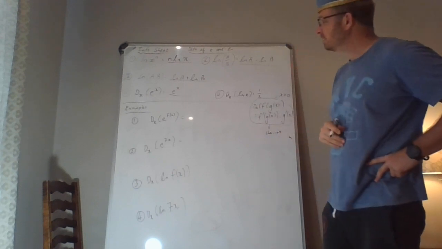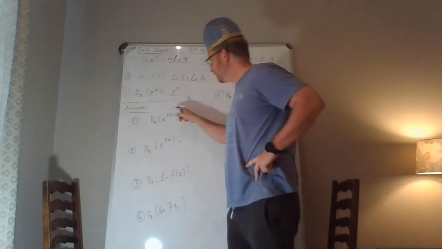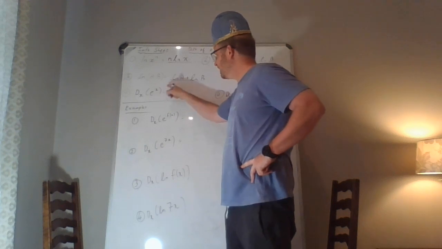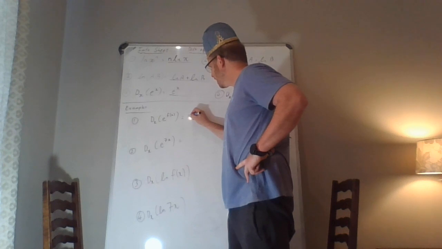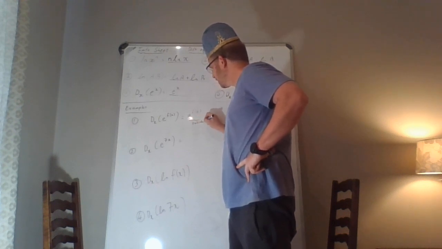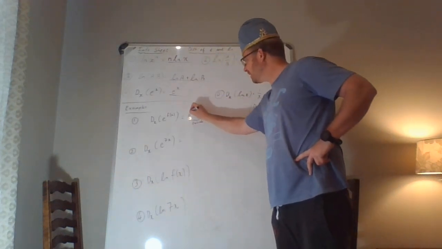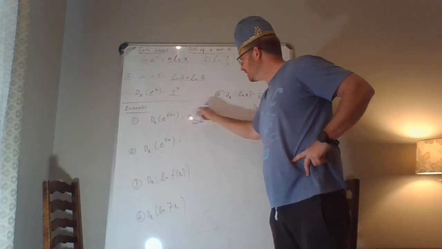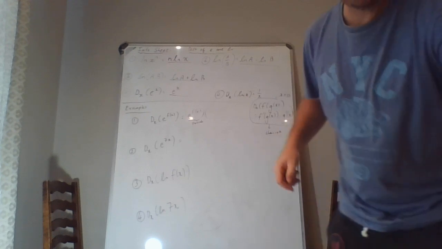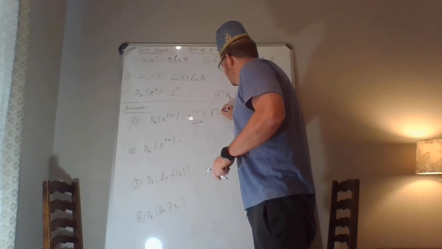So the derivative of e to the f of x: well, the derivative of the outside function, e to the anything, is just the same. So it'll be e to the f of x. That's the derivative of the outside function, times by the derivative of the inside function, which is going to be equal to f dashed of x.